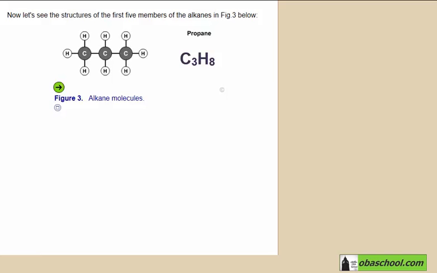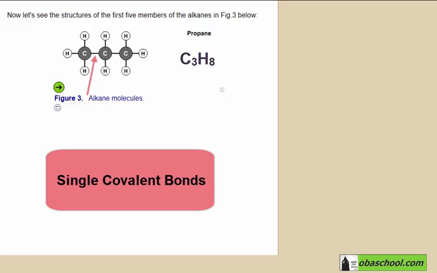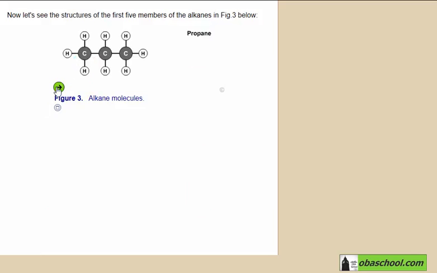So we have 3 carbon atoms and 8 hydrogen atoms. And of course, all the bonds between the carbon atoms are single covalent bonds, and all the bonds between carbon and hydrogen are single covalent bonds as well. The fourth alkane is butane, C4H10, and the fifth alkane is pentane, C5H12.